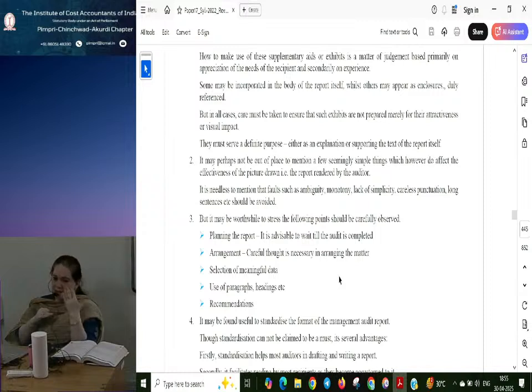First will be what has been observed, what the deviation is. Then selection of meaningful data. Of course, use of paragraphs and headings will help the management to easily go through it, and the recommendations at last. All these things should be there in the management audit report.